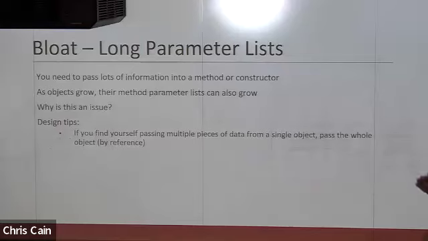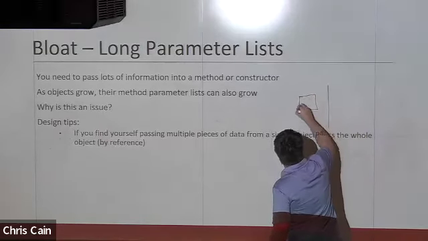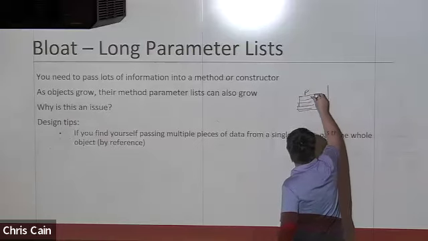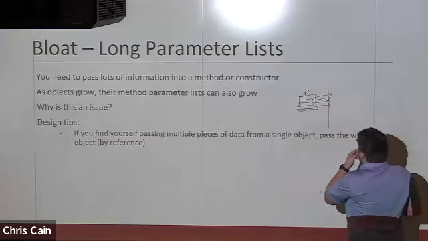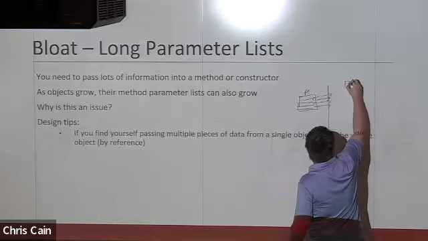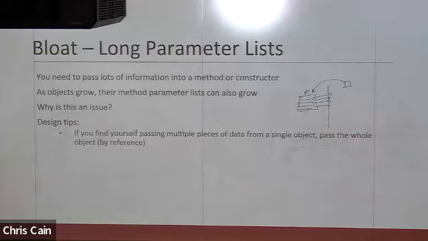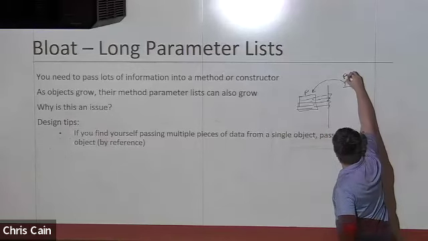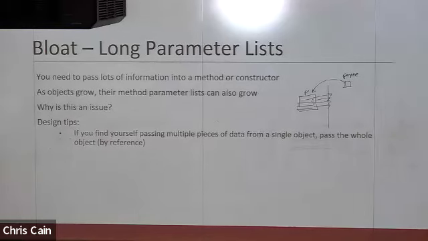In some scope, you have a person object that we're going to call P that has a bunch of pieces. Rather than passing this piece over and this piece over and this piece over, we're going to pass a reference to this object so that this scope can see it. We're going to create another name for it, call it whatever you want: payee, the person getting paid for their labor.